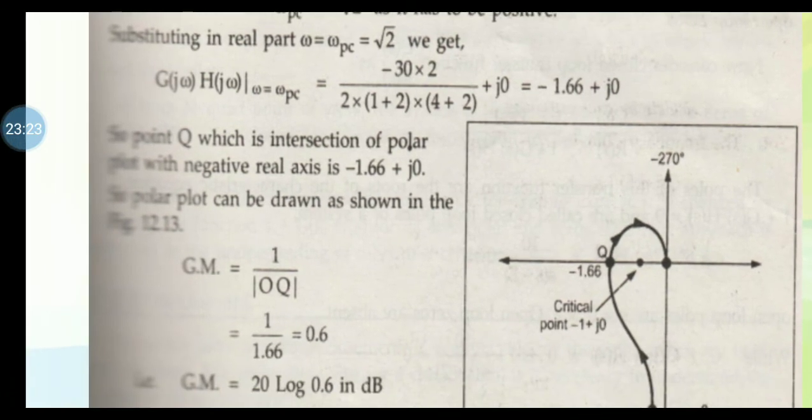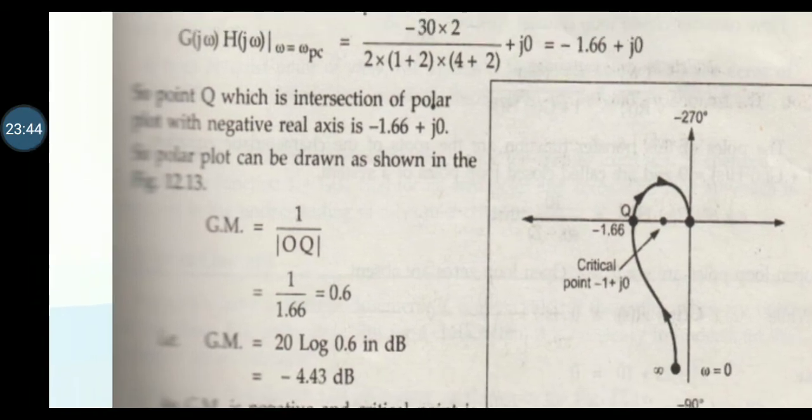So locate a point at minus 1.66 plus j0 on the negative real axis. Minus 1 plus j0 is considered the critical point. We'll locate that point, and the polar plot has to be drawn.